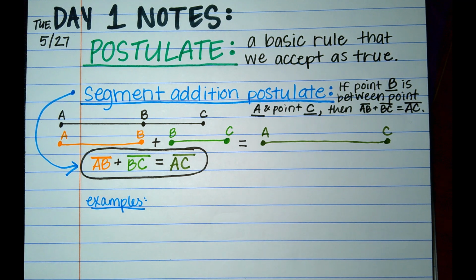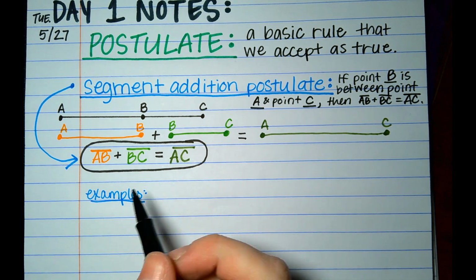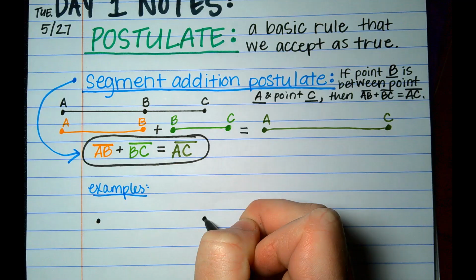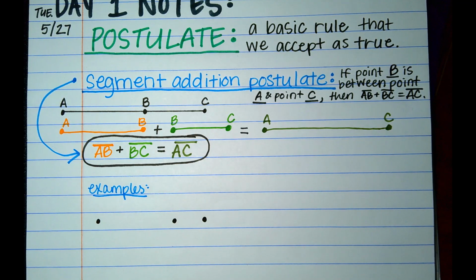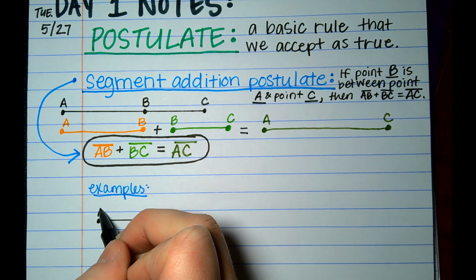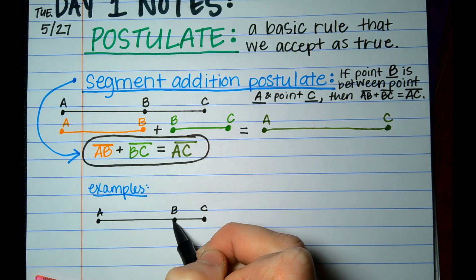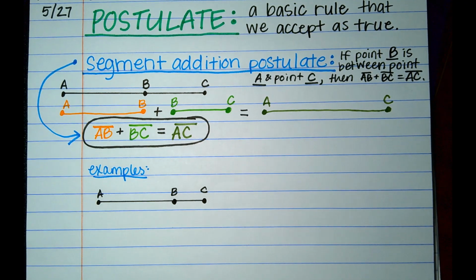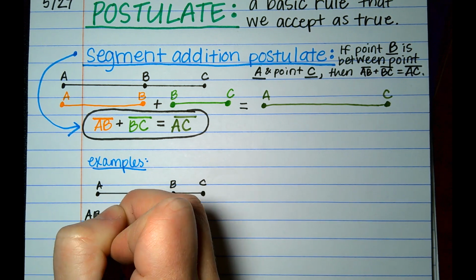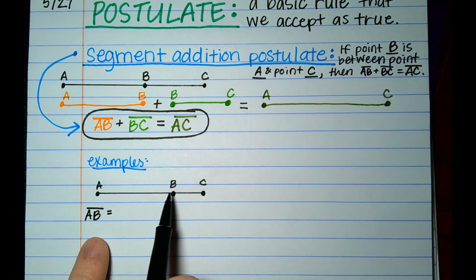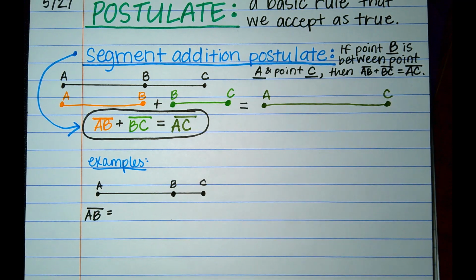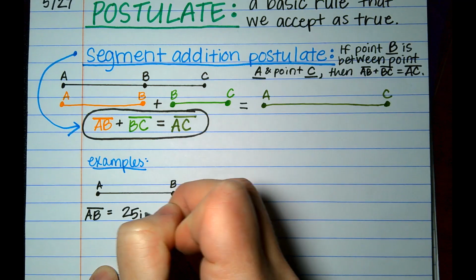Okay, so for example, let's see. I'm going to draw a line segment, A, B, C. And I'm going to say that from A to B, we have a length of, let's not get too fancy, 25 inches.